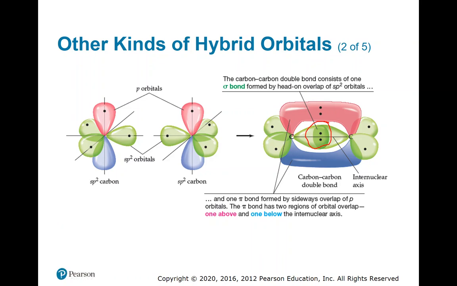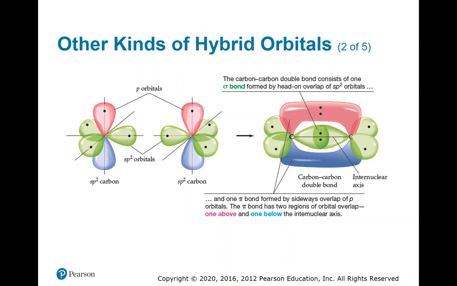Now, let's say we're going to form a second bond. In fact, we are, because we're considering a carbon-carbon double bond. Because of the orientation of these orbitals, you can see the sp2 orbitals are trigonal planar in arrangement. Once we have a direct orbital overlap between those two, we're not going to be able to do it with any of the remaining hybrid orbitals. They're just too far apart to be able to overlap each other.